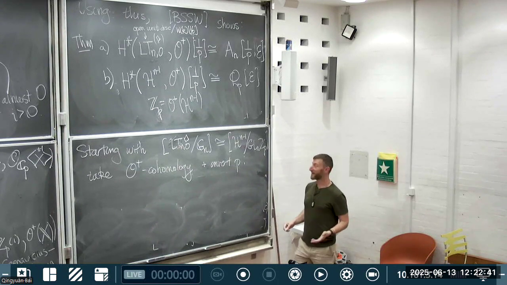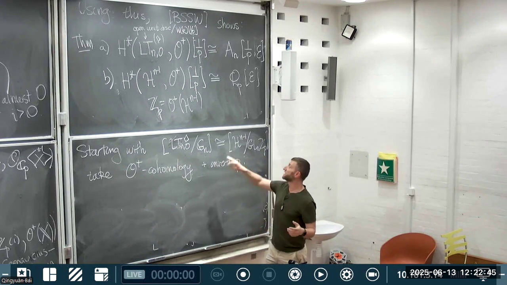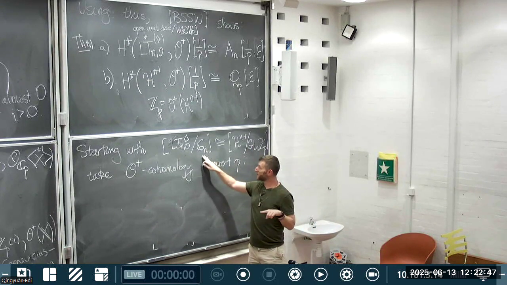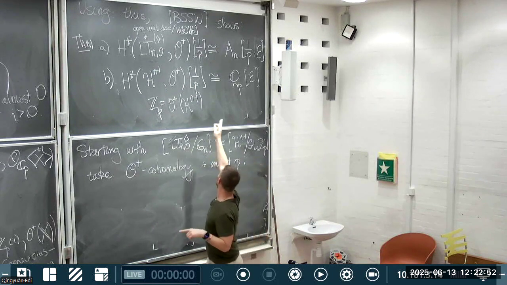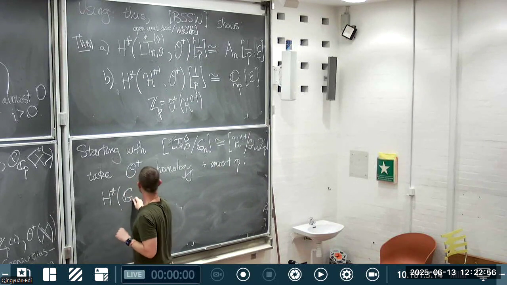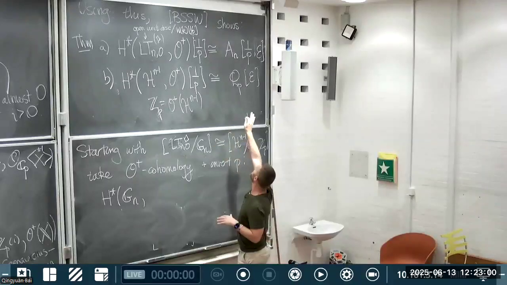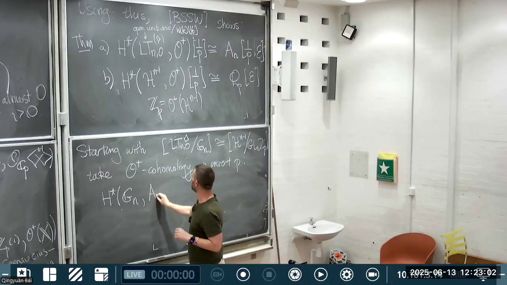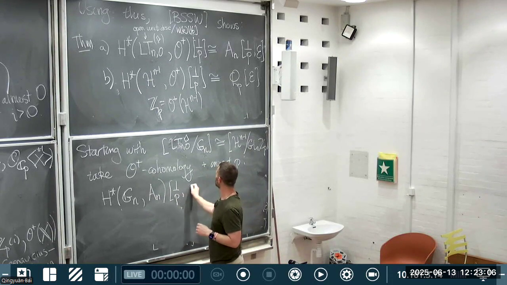So on the left side, we get the cohomology of the stack, but that just turns out to be the group cohomology of G_n acting on the cohomology here. So we know what that is already. We have the cohomology of G_n acting on the cohomology of this, but we already know what that is. The cohomology of K_n.